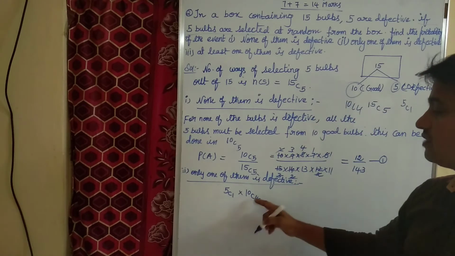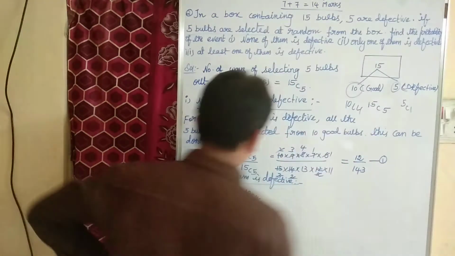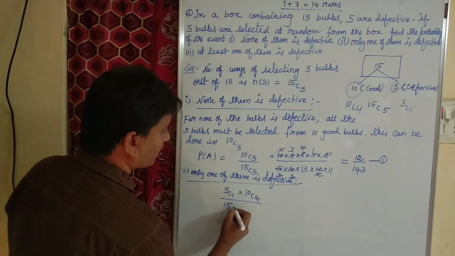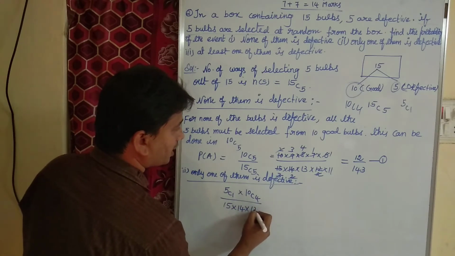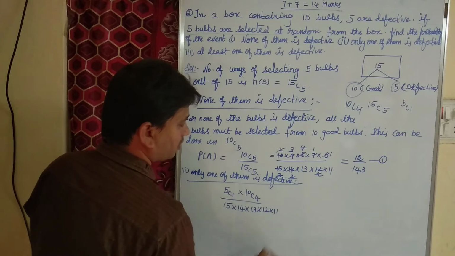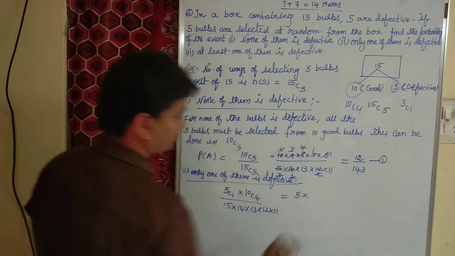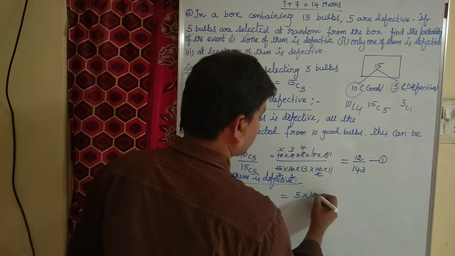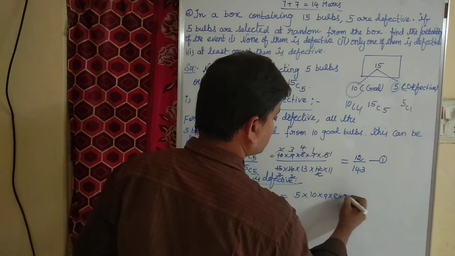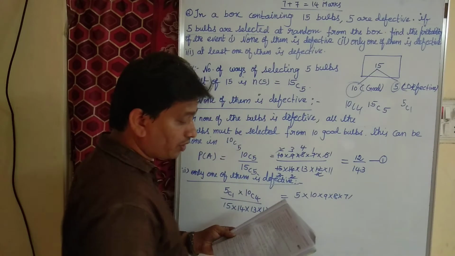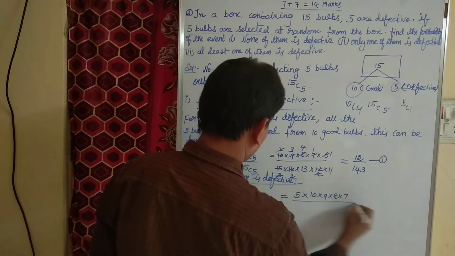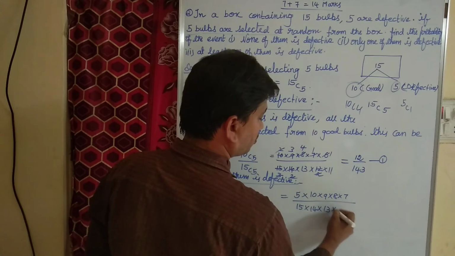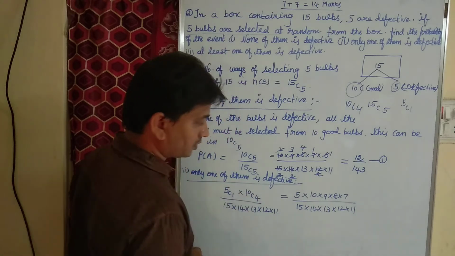So that is the reason: 5C1 into 10C4 divided by total possible outcomes, 15C5, which I can write as 15 into 14 into 13 into 12 into 11. 5C1 means 5 only. 10C4 means 10 into 9 into 8 into 7 over 4 factorial.